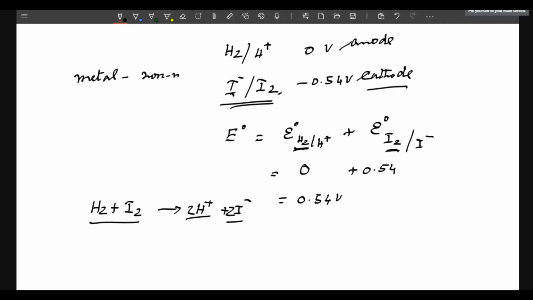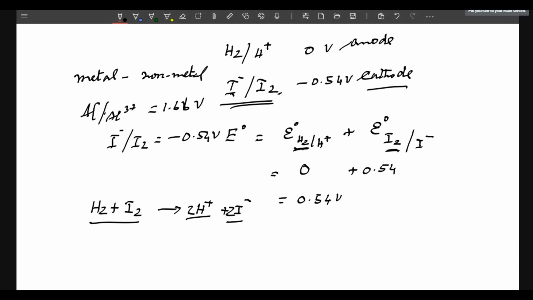For example, aluminium or aluminium 3 plus, it is 1.66 volt. Any metal you can take. And iodine, iodide or iodine, oxidation potential, minus 0.54 volt. Therefore, which should be acting as the anode, which as the cathode?